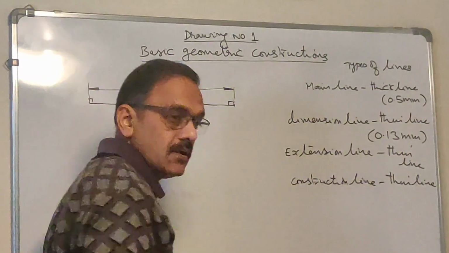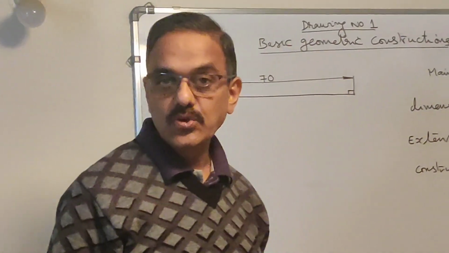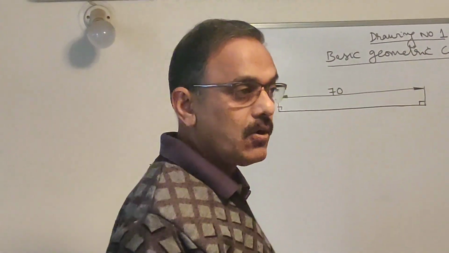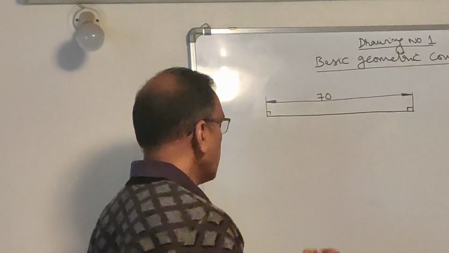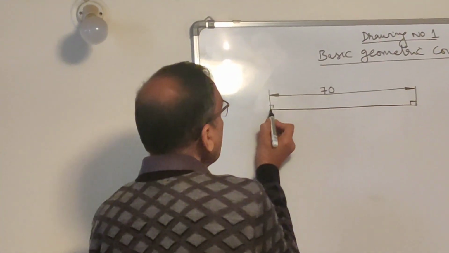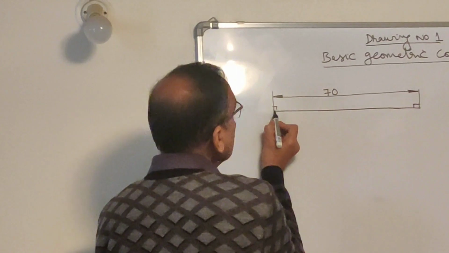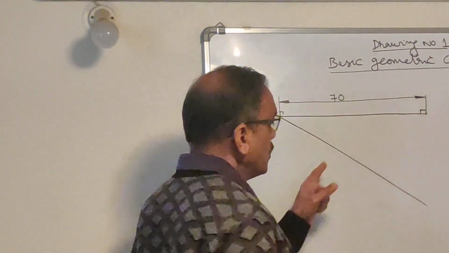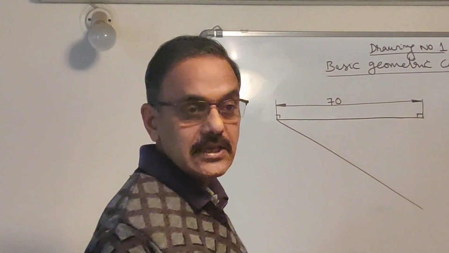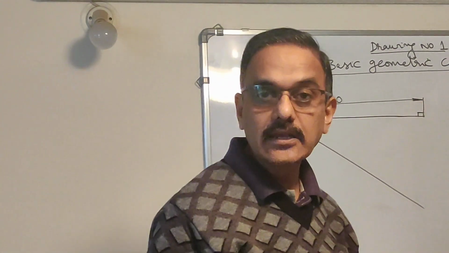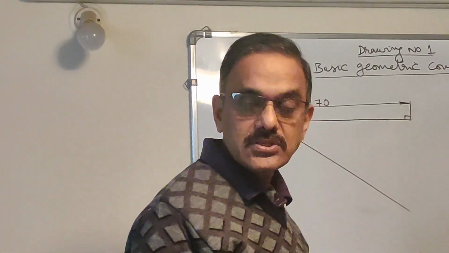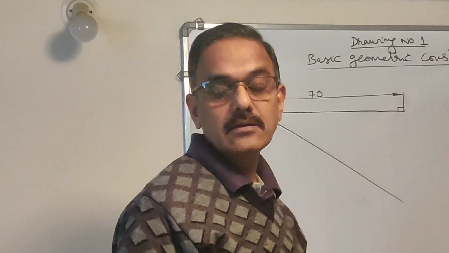So you are using 0.13 mm when you use the software. Now how is the construction done? I am going to draw a line inclined at any acute angle to the main line. When I say acute angle, any angle less than 90 degrees. This is a construction line, so you have made it thin.